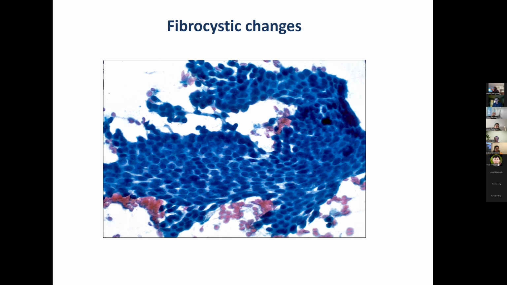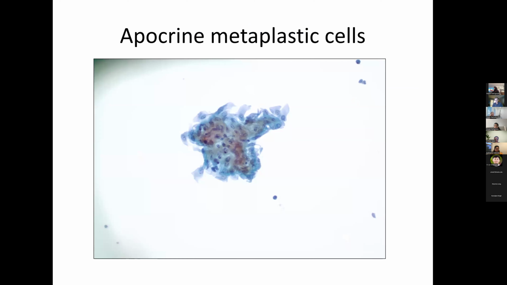This cohesive cluster of epithelial cells along with associated myoepithelial cells is a very important clue that this is a benign process, and you should not overcall it as atypical, even though the clusters are large. You will also see associated apocrine metaplastic cells, like in Pap stain, they are more blue-green, but in a Diff-Quik stain slide, you will find more of the magenta or purple color.